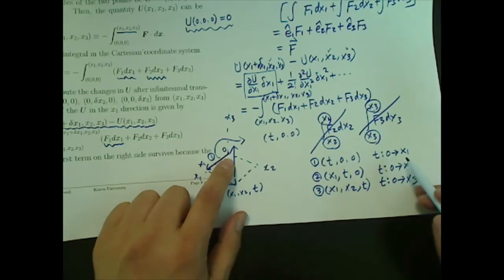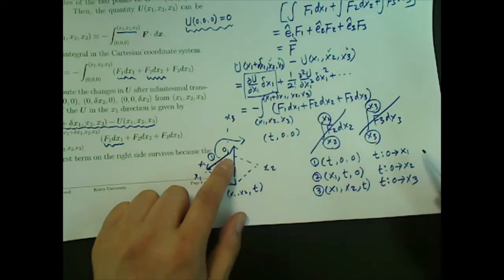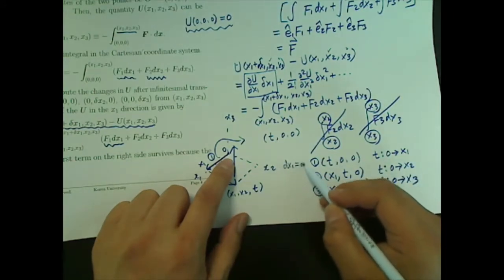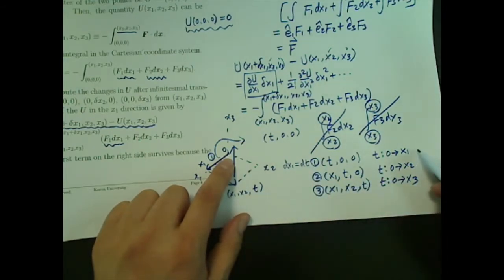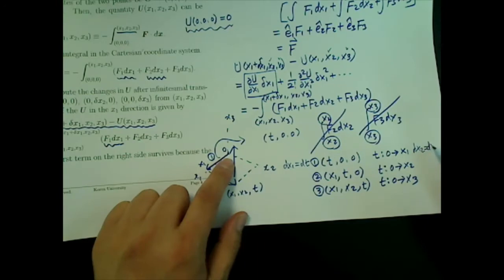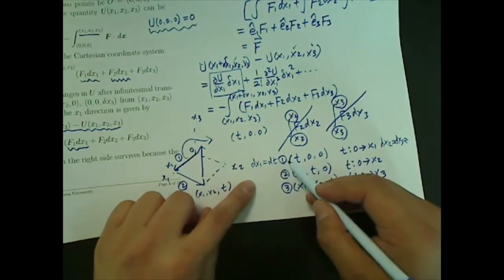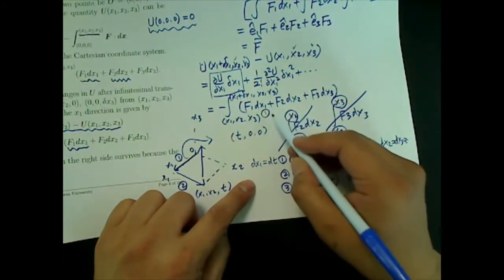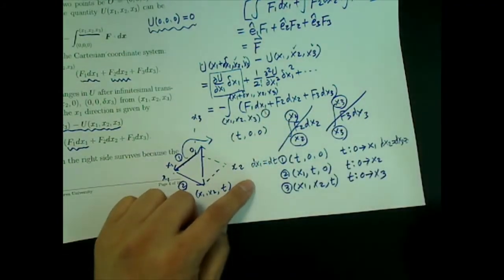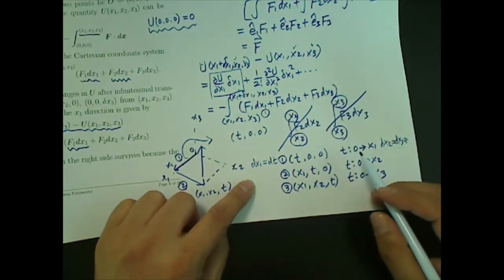In that case, dx1 equals dt, and dx2 equals dx3 equals 0. So along the path, only the f1 dx1 integral survives, and the remaining two pieces vanish.